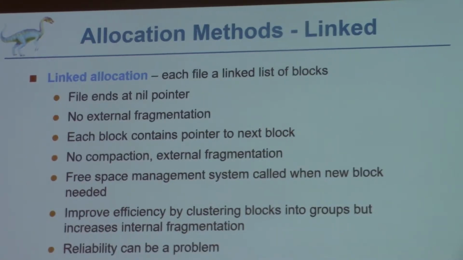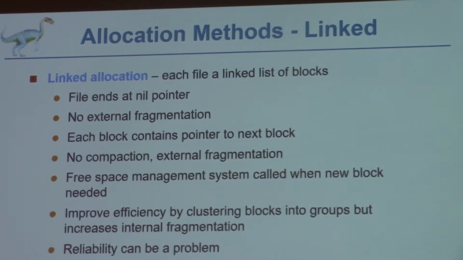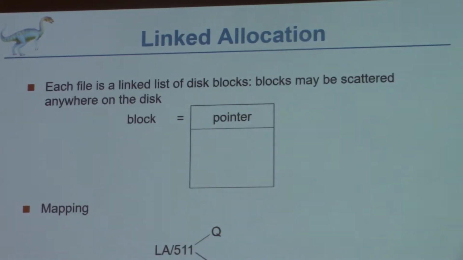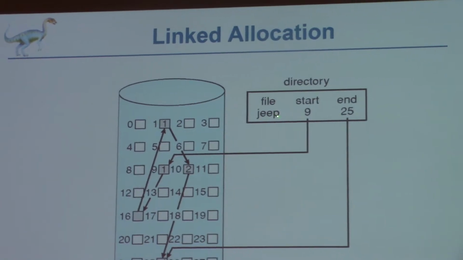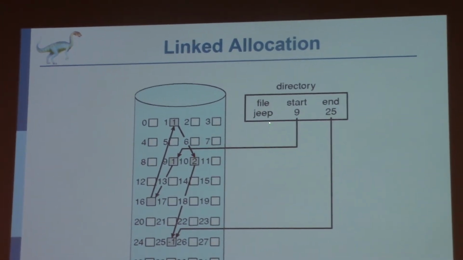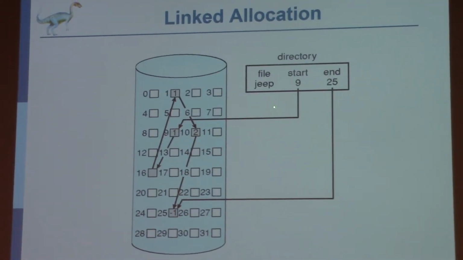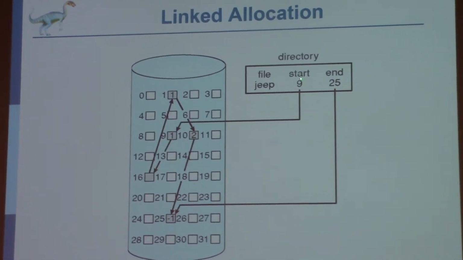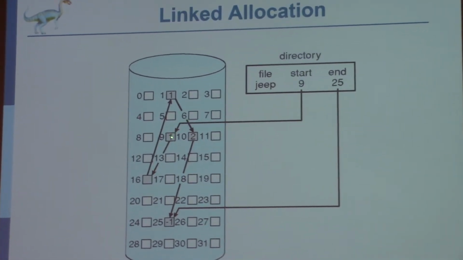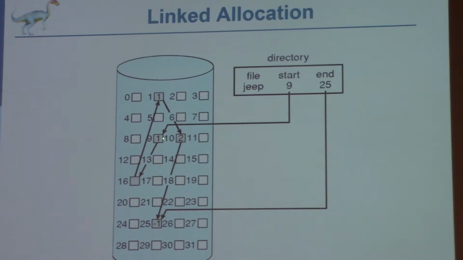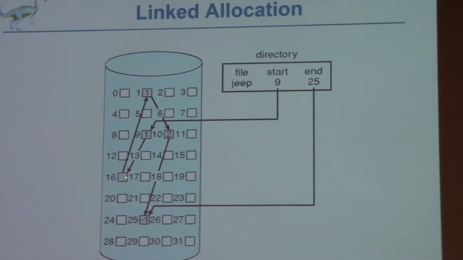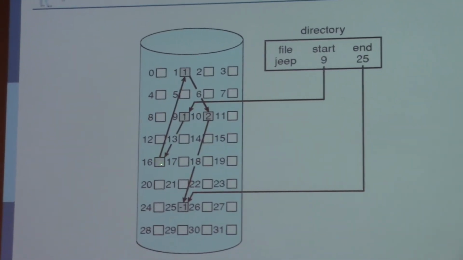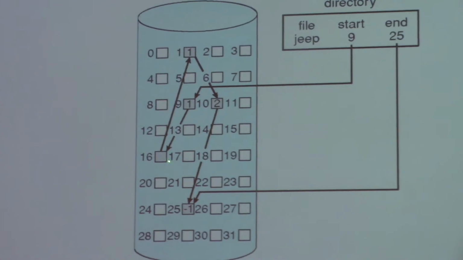Okay. The next one is linked allocation. Let's see an example. This file needs a total of 5 blocks. It has a start, 9. Go to 9. This block has the link to the next, which is 16. So going to 16, we use the block as data.